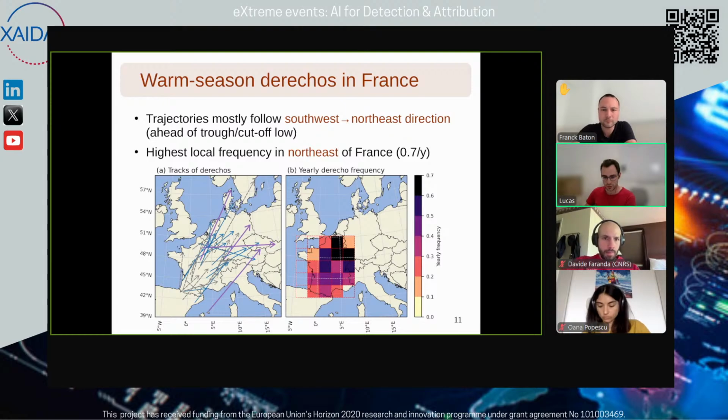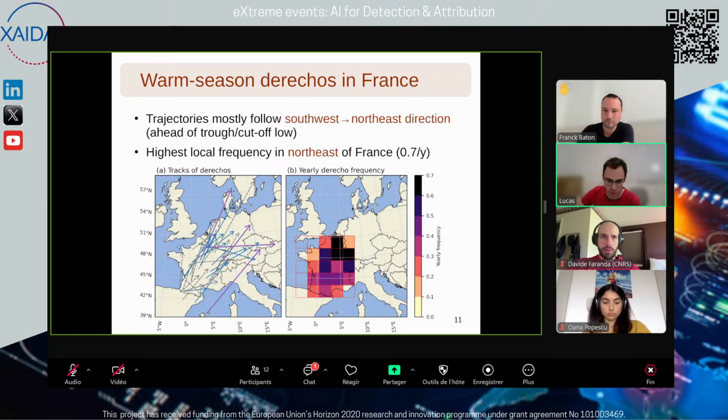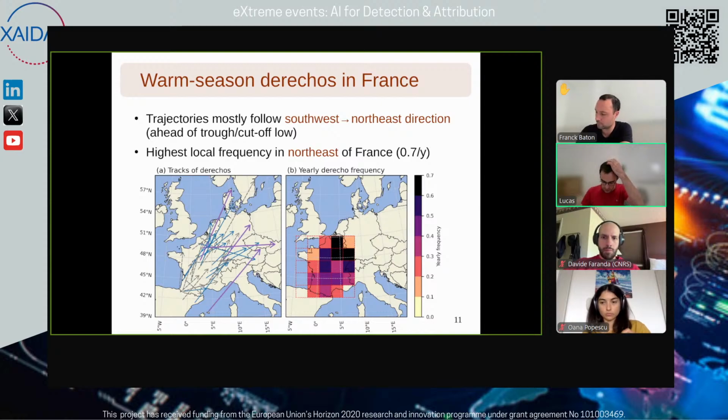And for your second question about the initiation of the storms, this is a bit difficult, I think, because I'm not an expert in this field, like a meteorologist. The question of the initiation of storms is a bit complex because we can have a favorable situation where we have instability, for instance, and wind shear also.